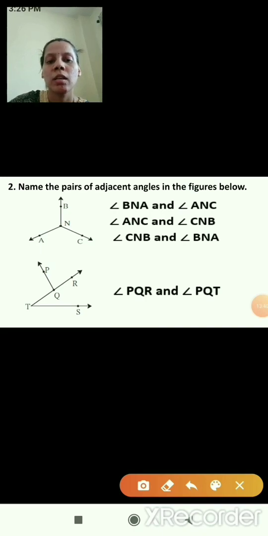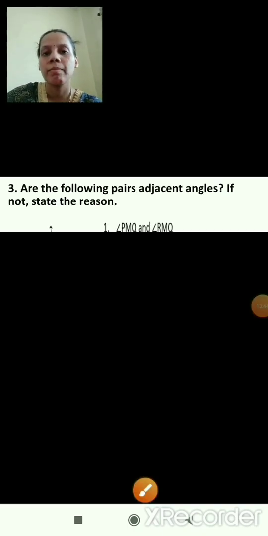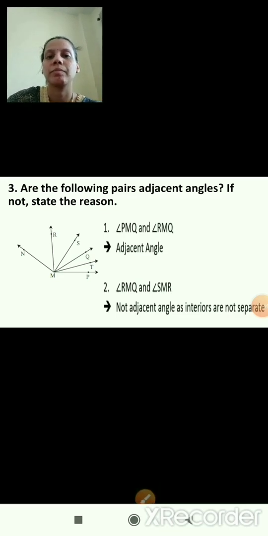Okay, now the next question, question number 3. Are the following pairs adjacent angles? If not, state the reason. Pairs of angles are given, and you have to identify whether they are adjacent or not. If they are not adjacent, then you have to state the reason.